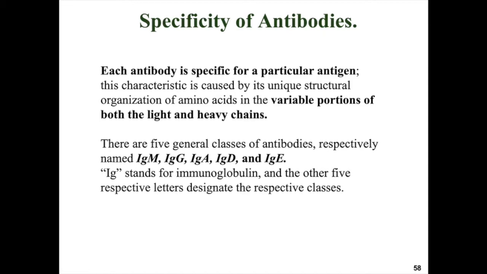So each antibody has a specific antigen that it should bind best to. And we have 5 types of different antibodies. I want you to know a little bit about the following that I have in the different slide, which are the IgM, the IgG, the IgA, and the IgE. The D is not very clear what it does, so we can leave it aside.